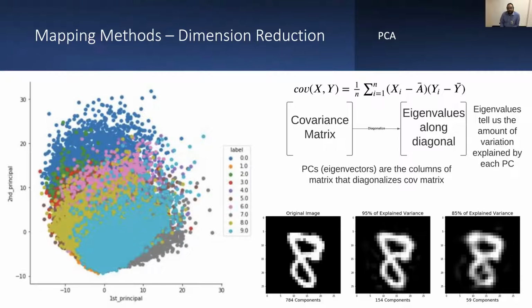This isn't a dissertation on PCA analysis and how it works, but it's enough to know that PCA starts with basically the correlation matrix, right?